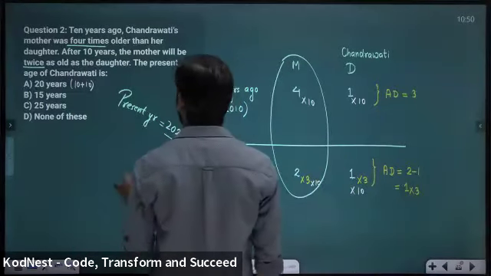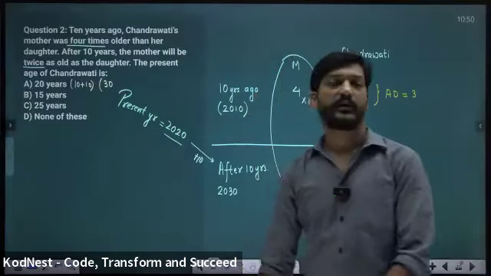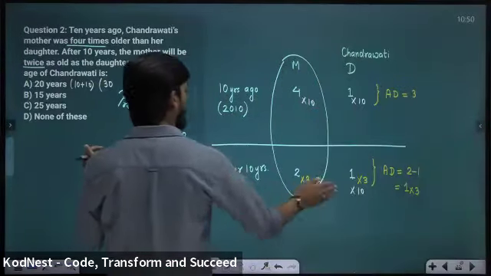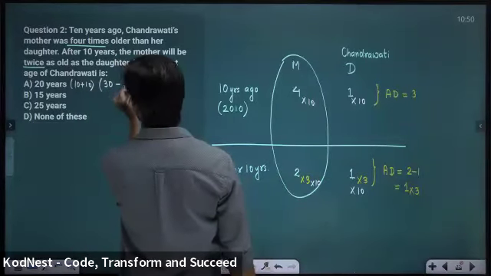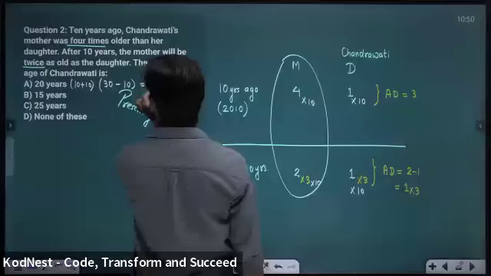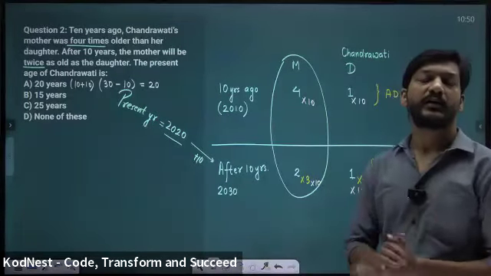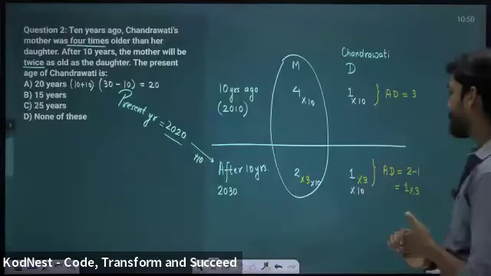This is 30. So 30 minus or 30 plus? Minus, because it is future. So present will be 30 minus 10. That is 20. Both ways, I will get 20. All right, so please remember this aspect of the questions.